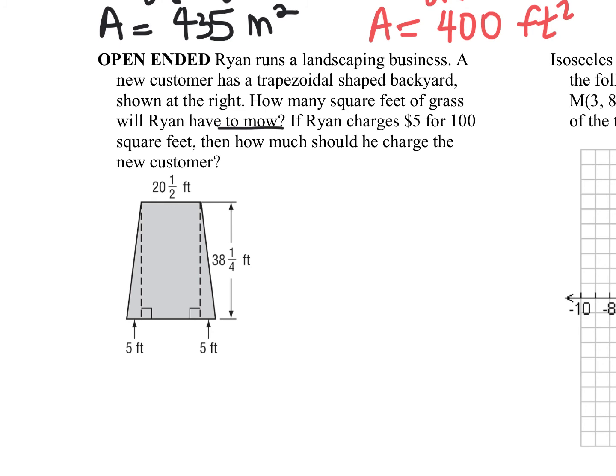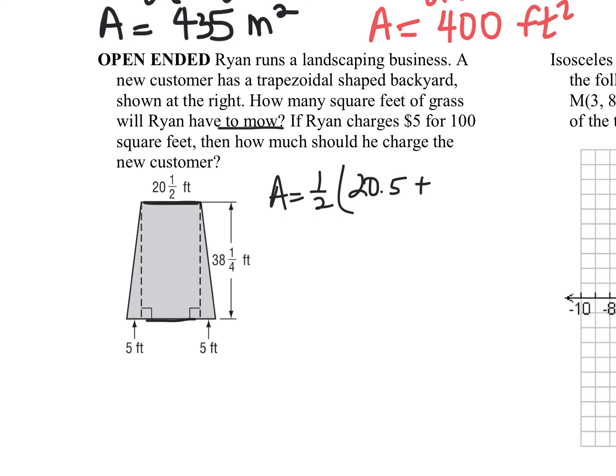Okay, so the area is 1/2 times the sum of the bases. 20.5 is the same as 20.5, so that's this one.